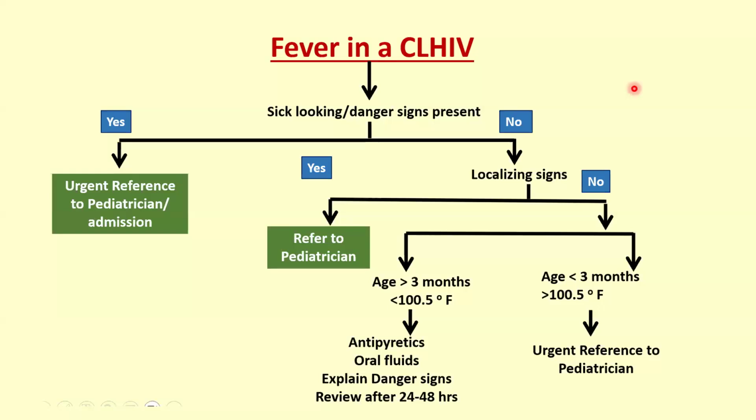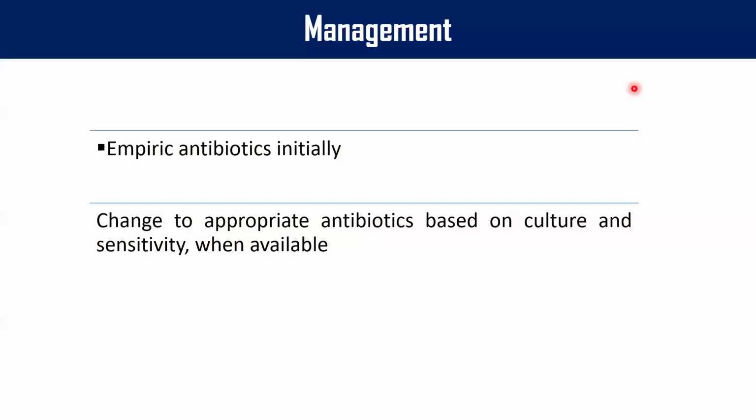Suppose the child is less than 3 months, or has no risk taking, or temperature is more than 100.5: urgent referral to the pediatrician. This is a workflow for the referral system for anybody working in peripheral units.